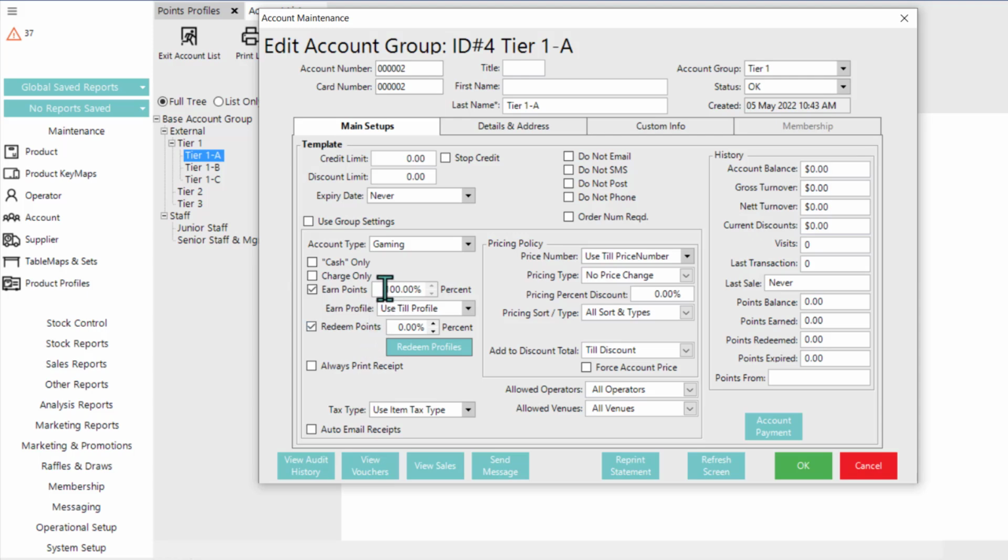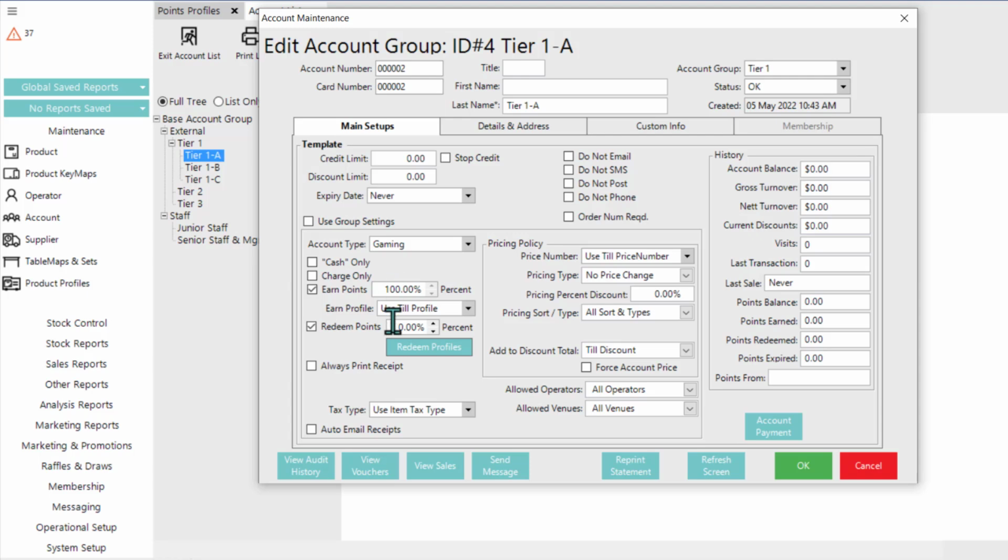But regardless of which points profile is being used as the basis, since that sits at the global level, we can then scale those points profiles up or down for an account using these percentage fields here to set different rates. So yeah, whereas the points profiles allow for fine-tuning points rates to different product sorts and types if need be, these then allow us to scale those rates per account or per account group if we need to.